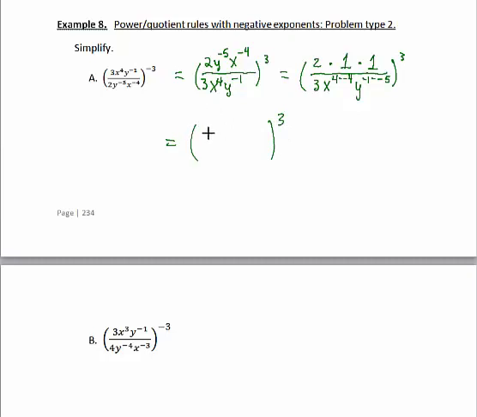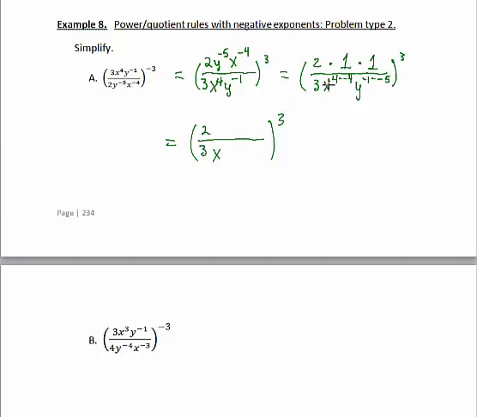What does this work out to be? We get a 2 on the top and a 3 on the bottom for the coefficients. 2 times 1 times 1 is still just a 2, so we don't need to rewrite the 1's on the top. And we need to carry out the addition and subtraction with the exponents on the bottom.